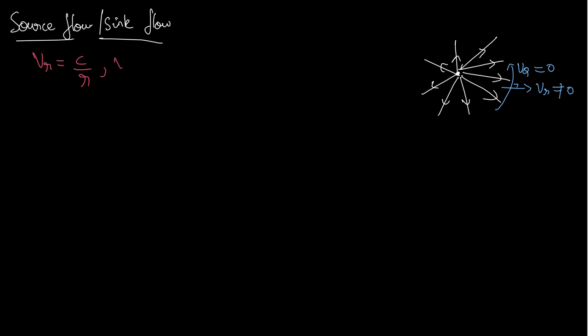And I can write V theta to be 0 here. Similarly, if you take a sink flow, it is just a complement. You have inward pointing flows. It is similar to a negatively charged particle placed in a field, and this is the kind of field that it will generate. This is a similar analogy to the sink that we have in our kitchens.